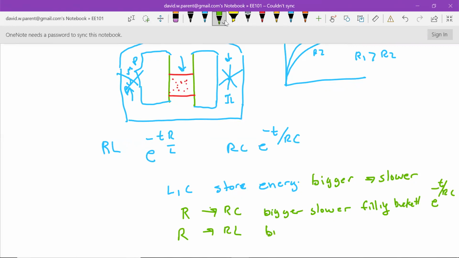RL, bigger, slows speed, faster, e to the minus t R divided by L. Or you say e to the minus t divided by C, e to the minus t divided by L. I memorized this one, and memorized that the inductor's backwards, different.